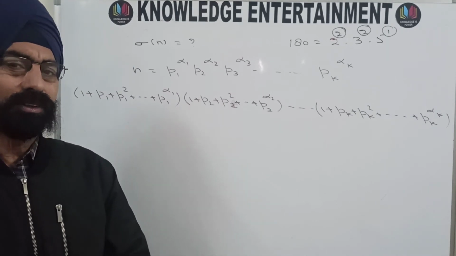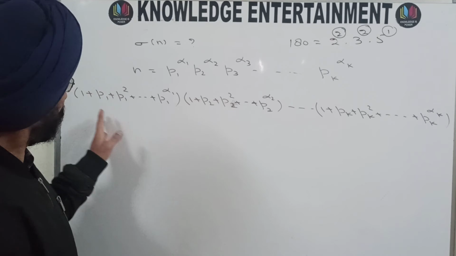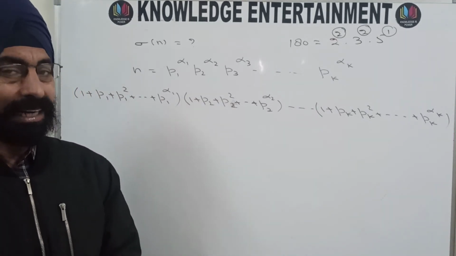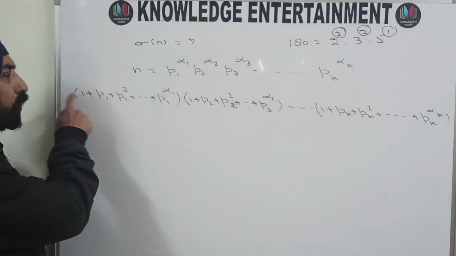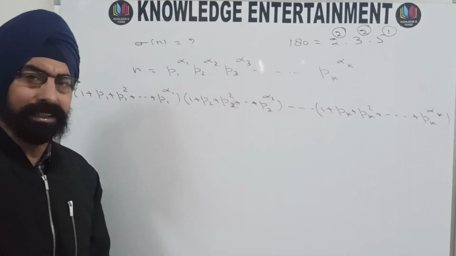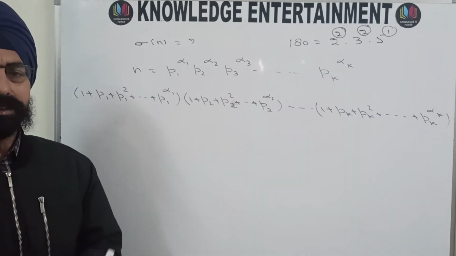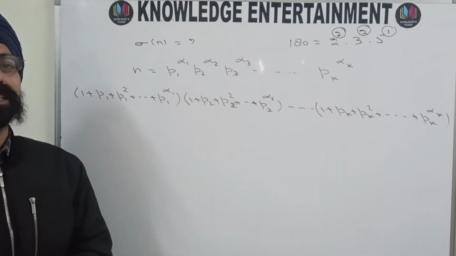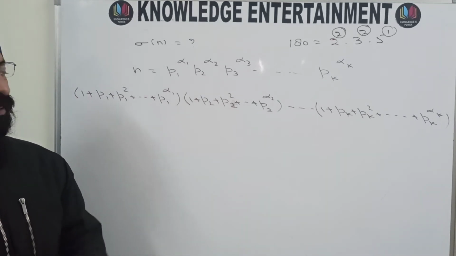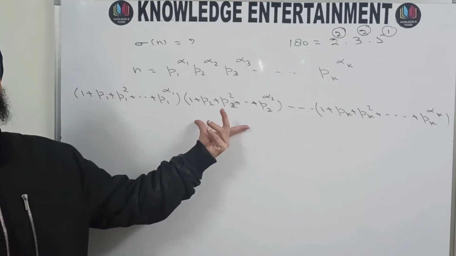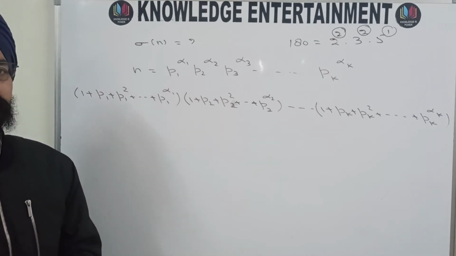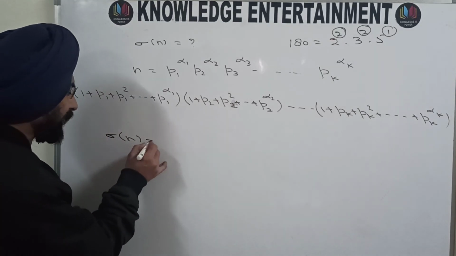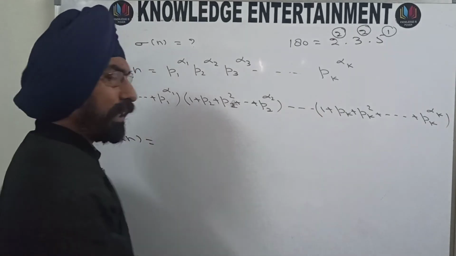As we have discussed earlier, when you open these brackets, you will get all the possible divisors, separated by plus signs. That means the expansion of this product will give you the sum of all divisors of n. So the sum of all divisors of n is equal to this product.